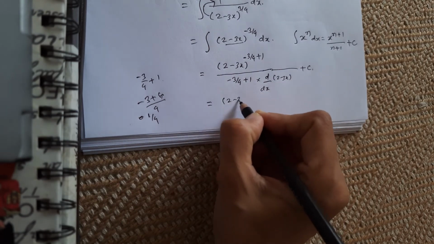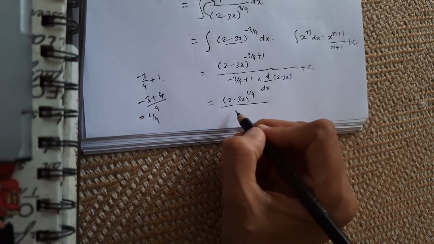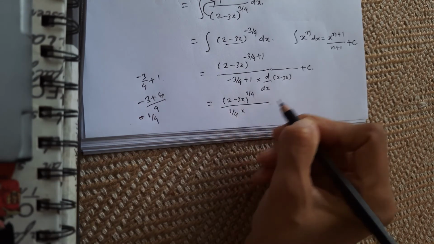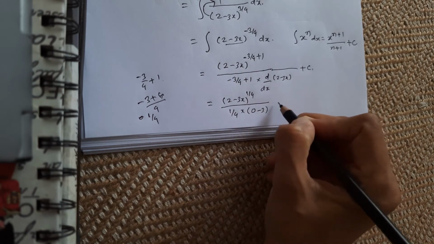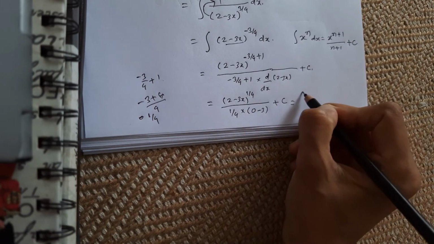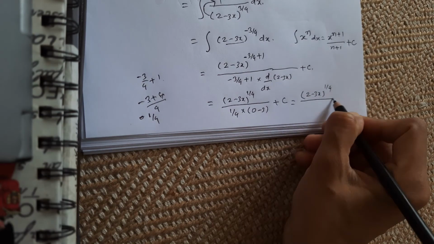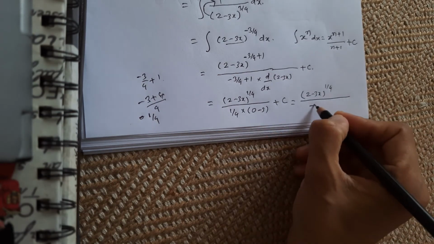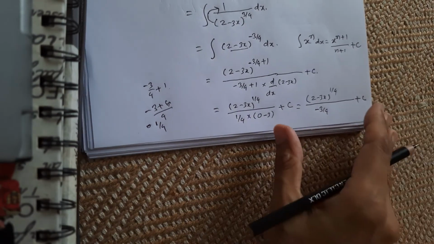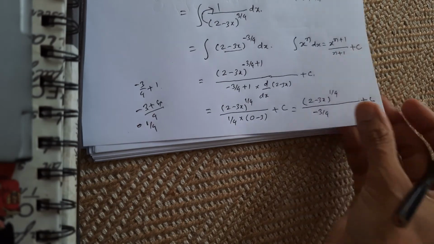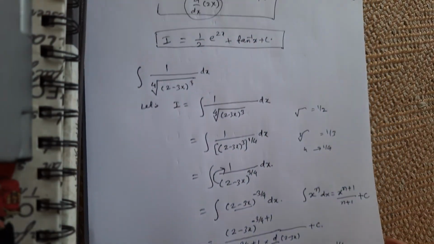So (2 minus 3x) to the power 1 by 4 upon 1 by 4 into the derivative of 2 minus 3x, which is 0 minus 3, plus c, which is (2 minus 3x) to the power 1 by 4 upon minus 3 by 4 plus c.